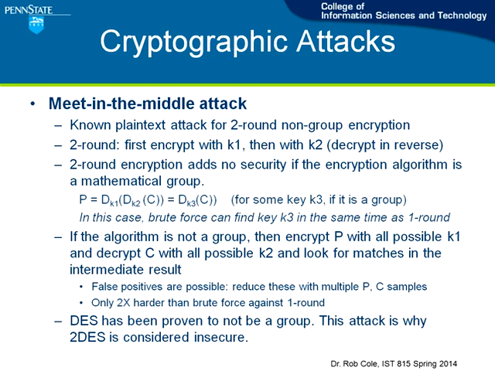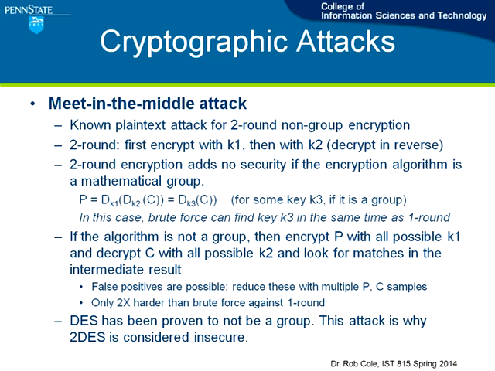If, on the other hand, the algorithm does not form a group, then if we have plaintext and ciphertext pairs, we can attack it with the meet-in-the-middle attack. In this attack, we perform the first round of encryption of the plaintext with all possible keys K1. Next, perform the first round of decryption of the ciphertext with all possible keys K2, and look for matches in the intermediate results of the two operations.